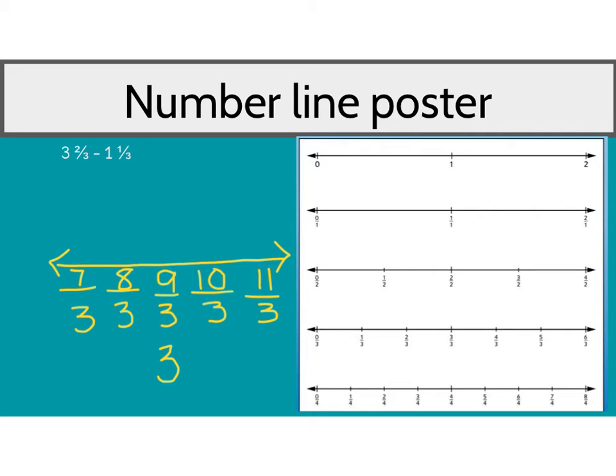So what we would do is start here at 11/3, and we are going to subtract 1 1/3. So I'm going to go backwards. This is going to be my 1/3. And then I have a whole number of 3/3, right?